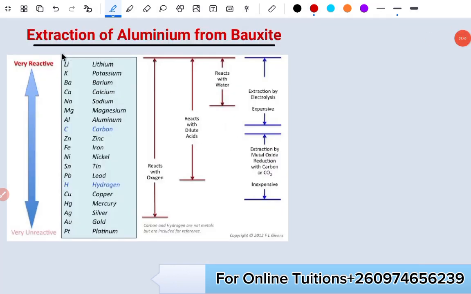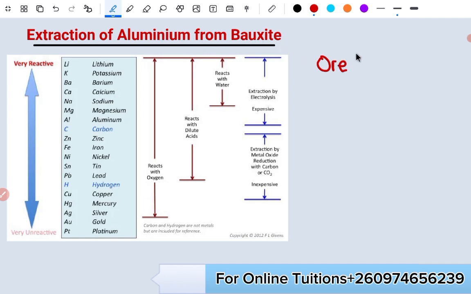Okay, so extraction of aluminium from bauxite. Bauxite is simply the ore that contains aluminium.